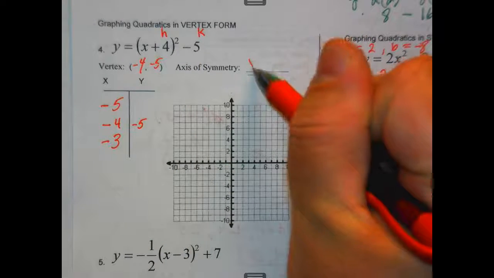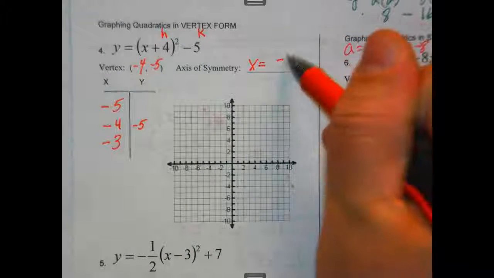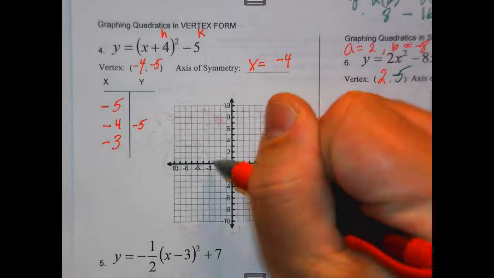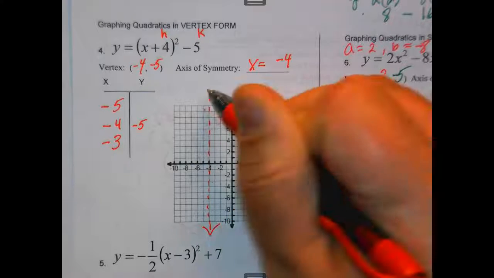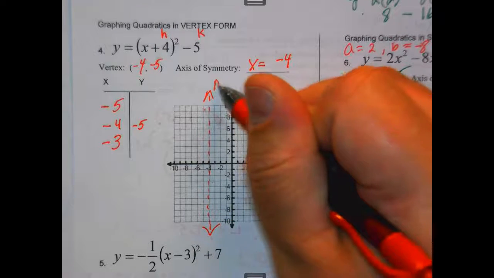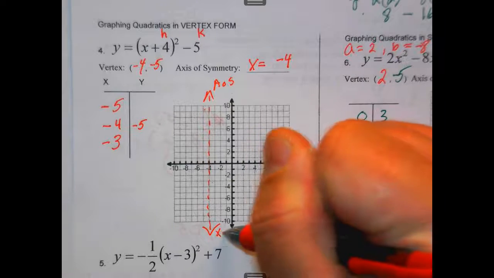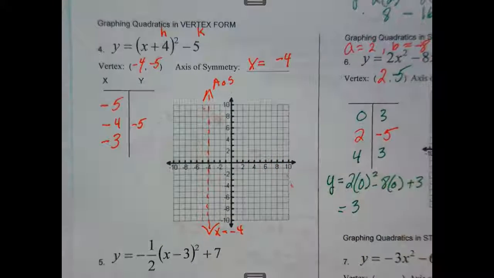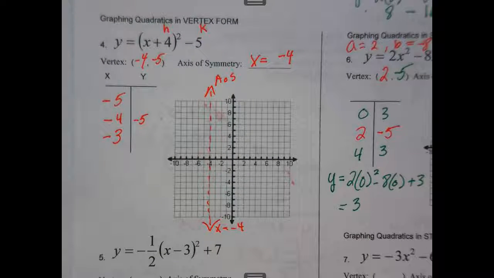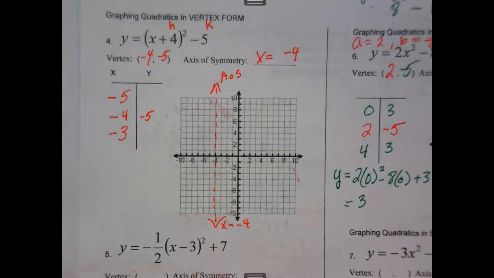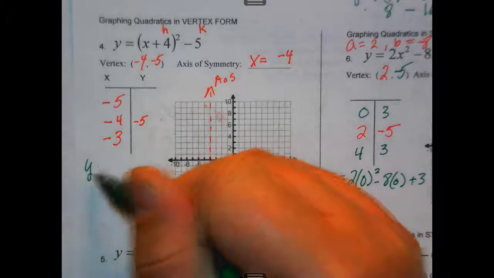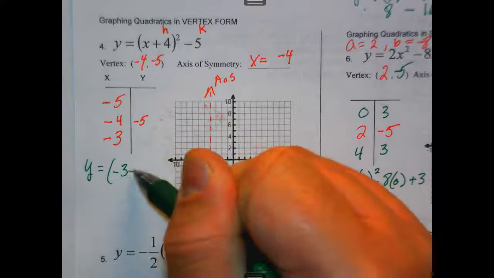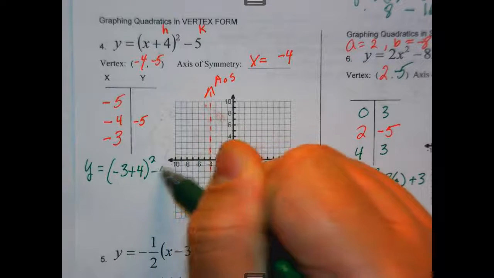Axis of symmetry is x equals h. Yeah, and whenever it's in parentheses, it's the opposite sign. You could either put this in your calculator or do it manually. I'm going to use -3. -3 plus 4 squared minus 5.